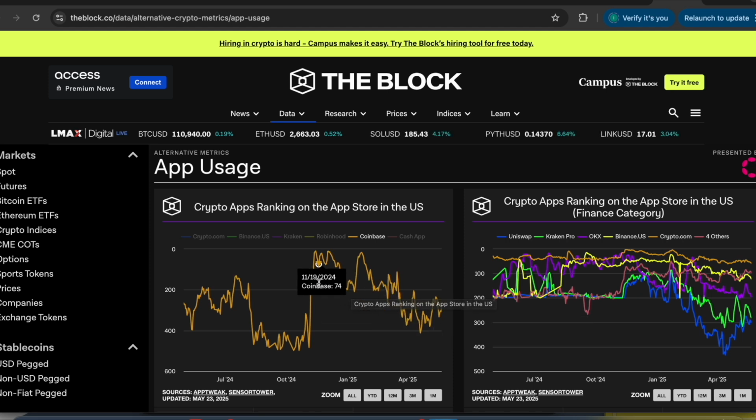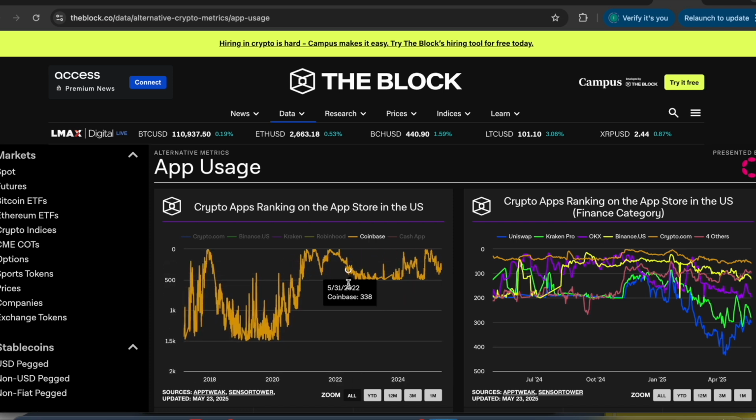So as you can see here, in November we ran up pretty significantly. We pushed all the way up to number 9 in November. And in the past, you can see 2021, it ran up to 7. You can see it ran up to number 1 here in 2021 as well, or number 2. So it happens time and time again.